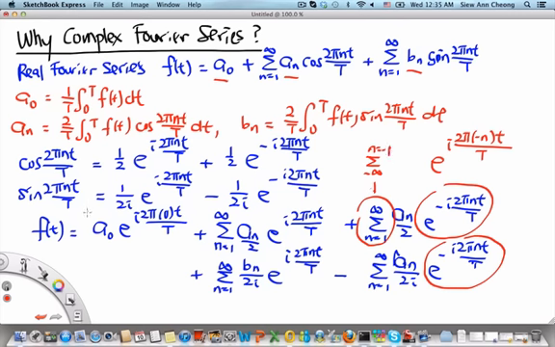Combining these terms, where the minus sign is absorbed by n, we can write this as one single sum going from n equals minus infinity to infinity of an over 2 times e to the i 2 pi nt over T. Now we have yet to bring in, of course, the bn's, but we can do the same thing.